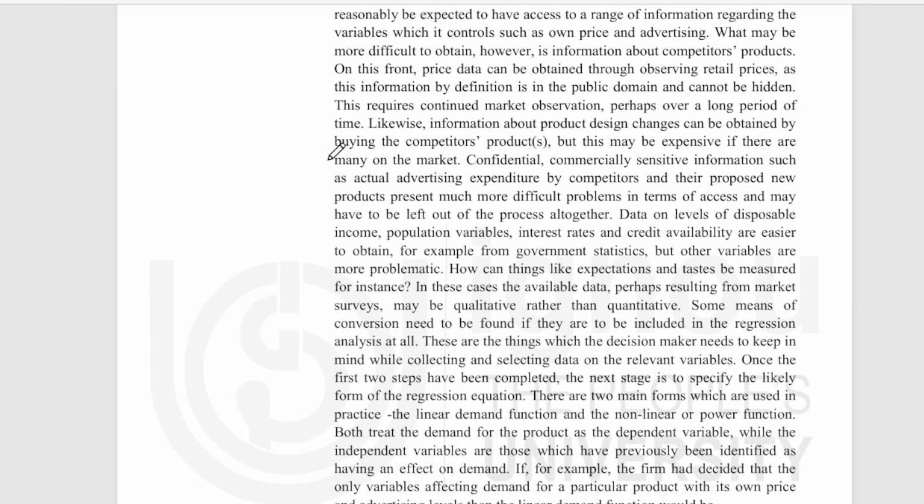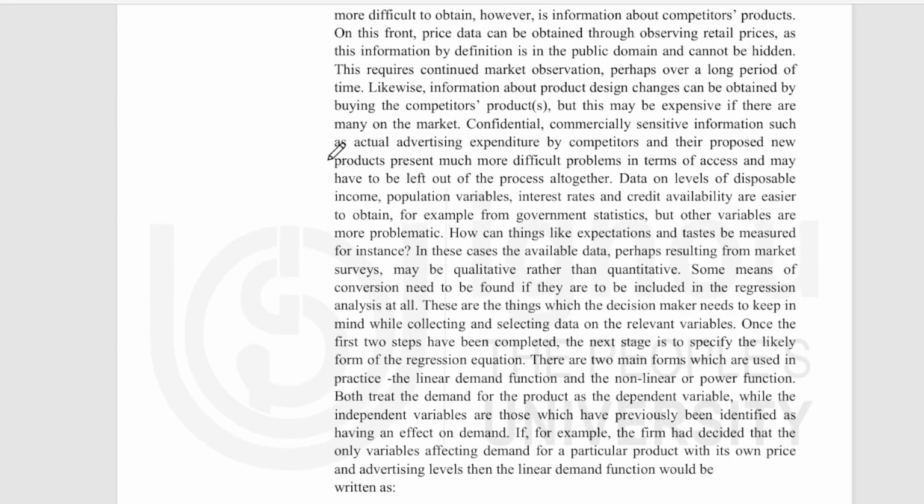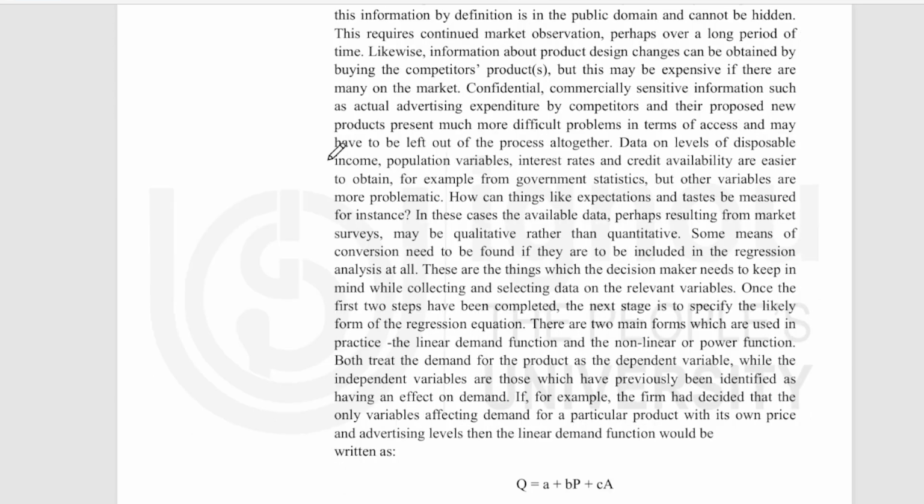Confidential, commercially sensitive information such as actual advertising expenditure by competitors and their proposed new products presents a much more difficult problem in terms of access and may have to be left out of the process altogether. Data on levels of disposable income, population variables, interest rates, and credit availability are easier to obtain, for example, from government statistics, but other variables are more problematic.